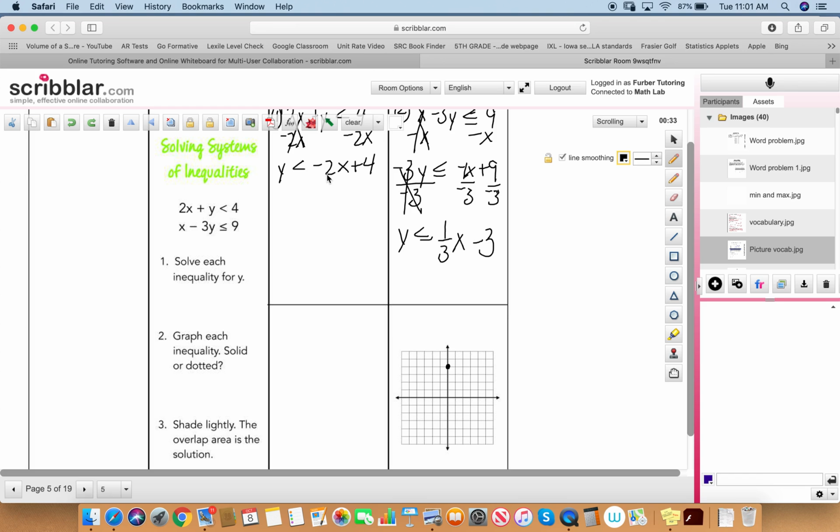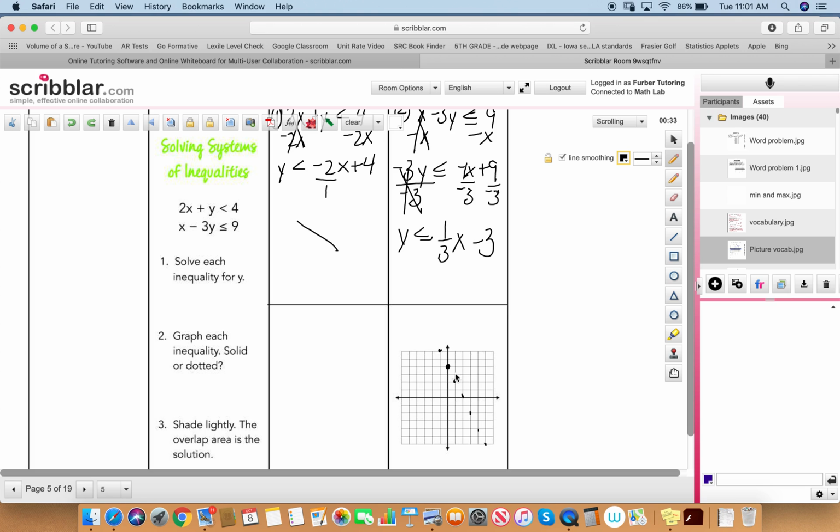And then a negative 2 for the slope means it's going to slope downward. So it's going to go down 2 to the right 1, because again, this means over 1. So down 2 to the right 1, down 2 to the right, down 2 to the right. And I can even make one point in the reverse direction, up 2 to the left.